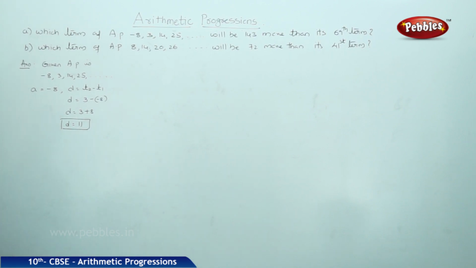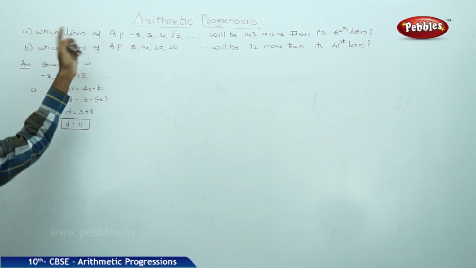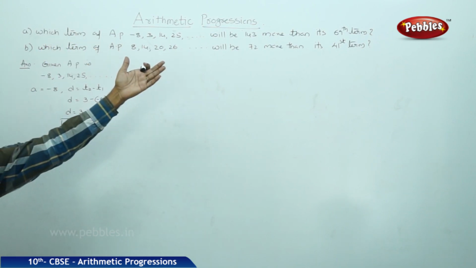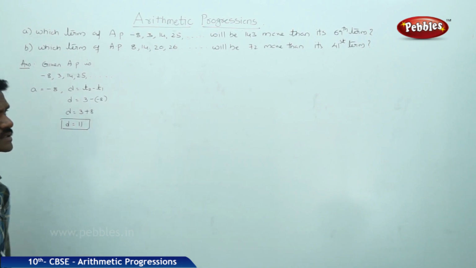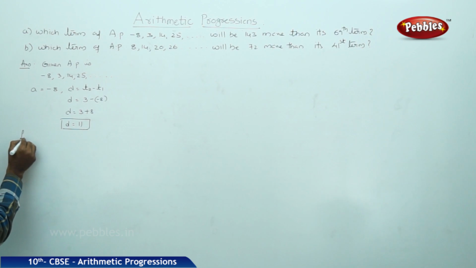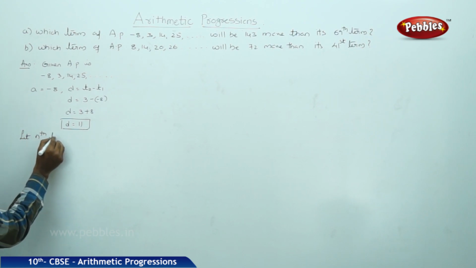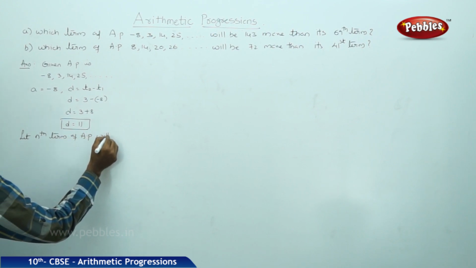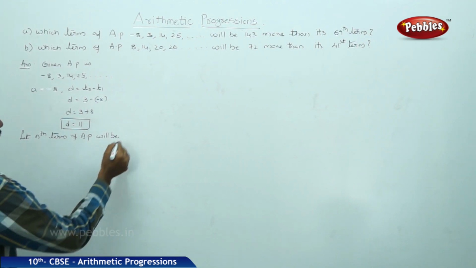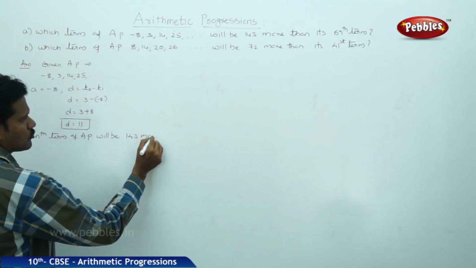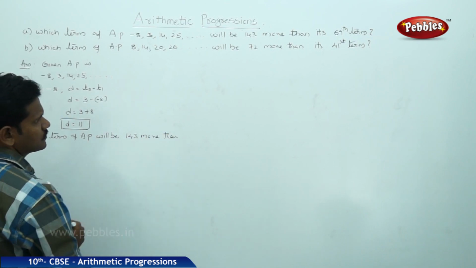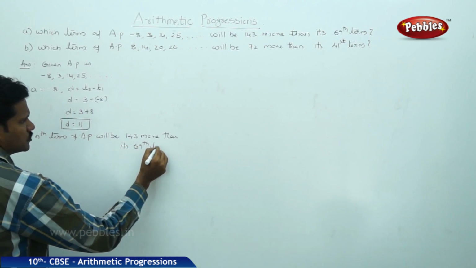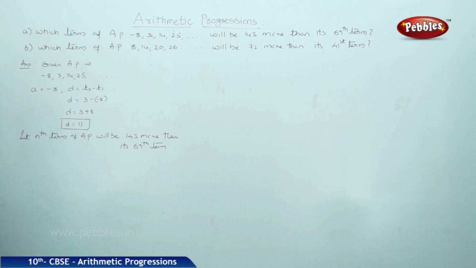Actually we don't know which term of AP is 143 more than its 69th term. That's why we considered, let the nth term of AP be 143 more than its 69th term. This is my supposition.